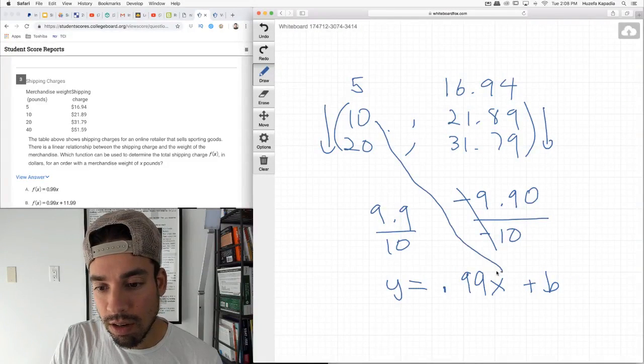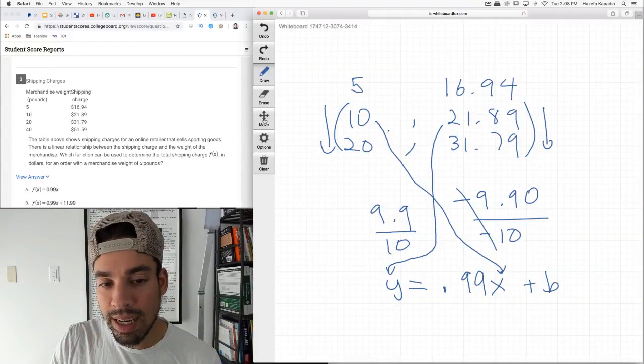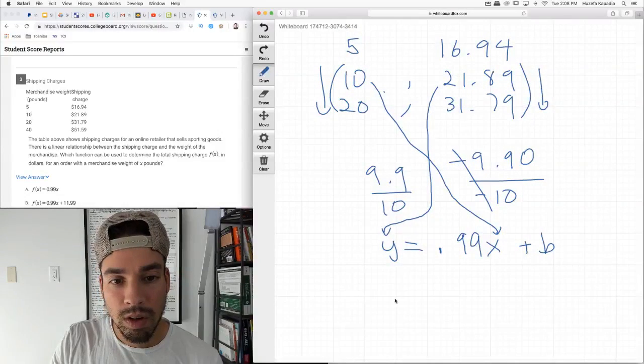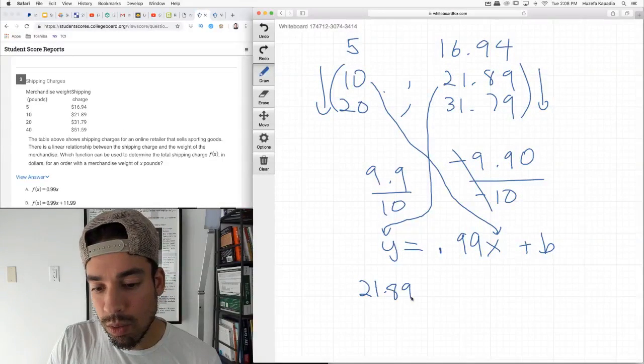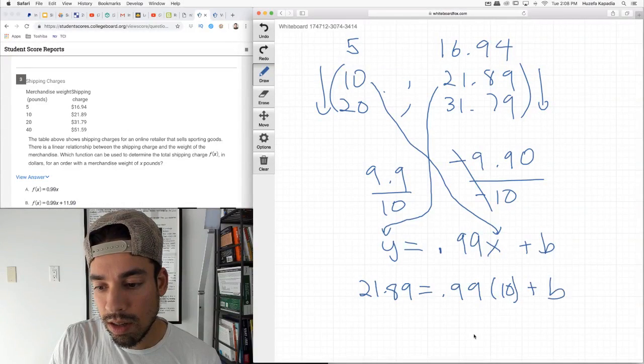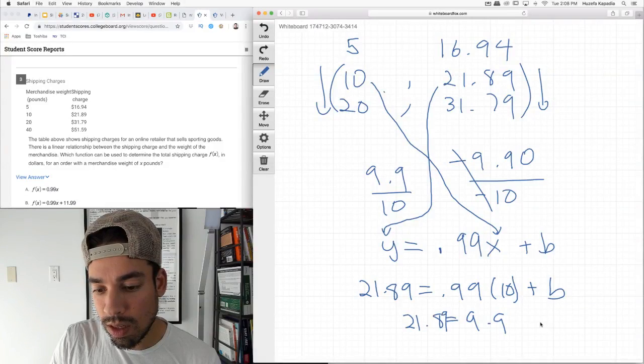If I plug in 10 for x, I plug in the corresponding y value for y, 2189, okay? What we get is 2189 equals 0.99 times 10 plus b. And that's 2189 equals 9.9 plus b.